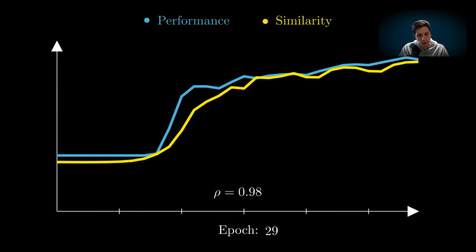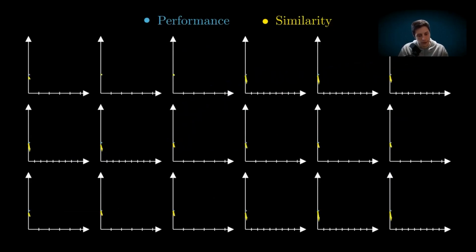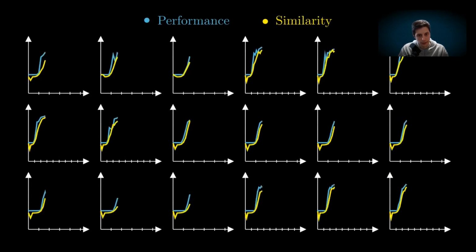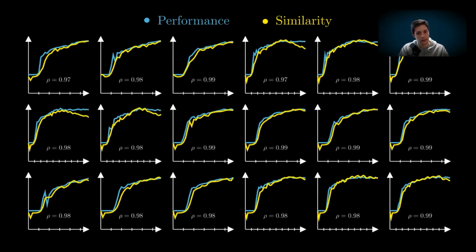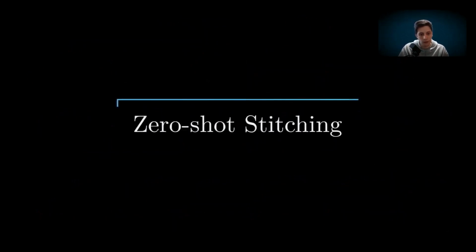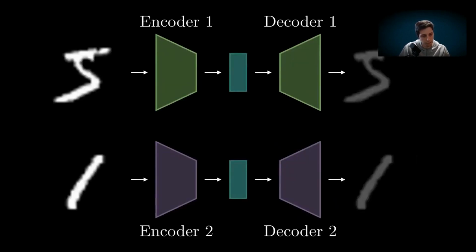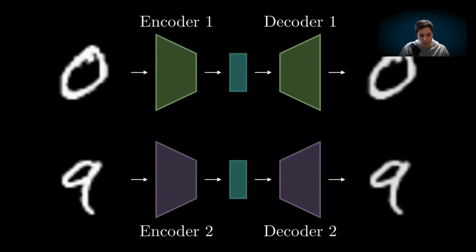So this is a single model that is training, and you can see that over the epochs, the performance and the similarity still have that correlation. So as the performance increases, the similarity with the reference model increases. And that was very consistent in our setting. These were other models that we trained, and they all exhibit that behavior.